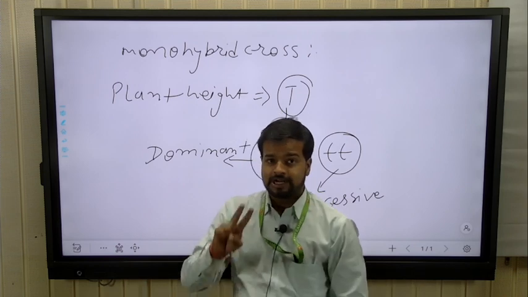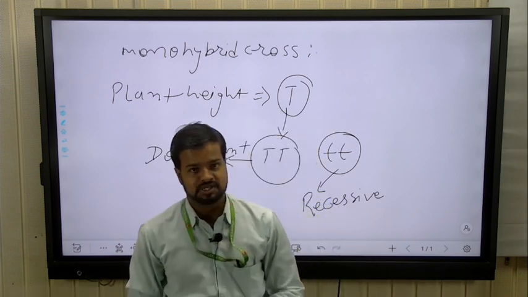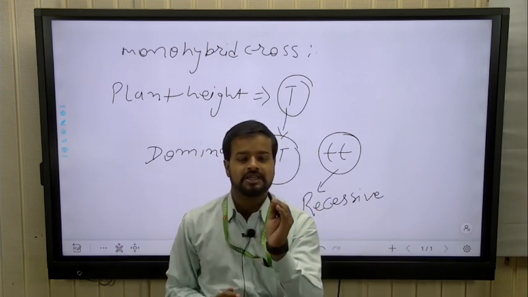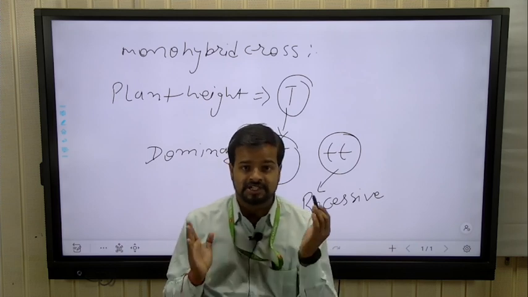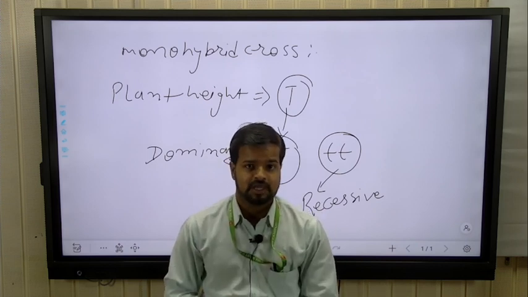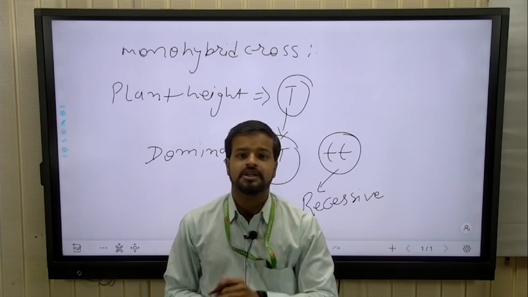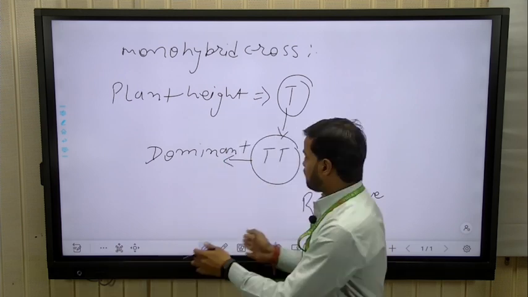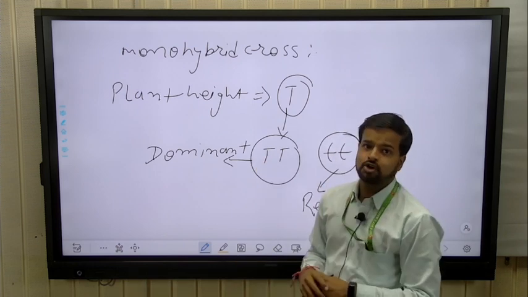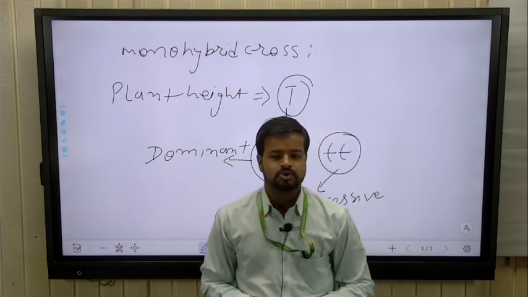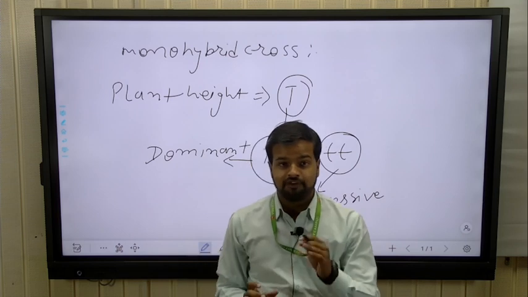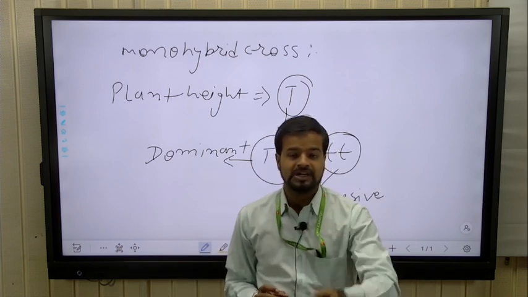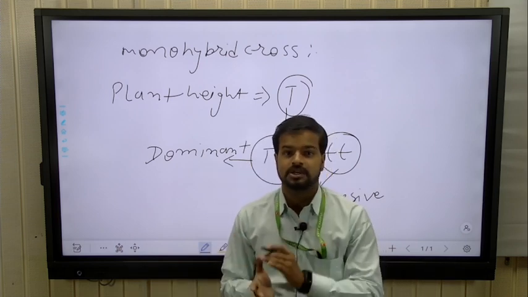That means there are two different genetic compositions. The first one is capital T, which is the dominant characteristic, and small t, which is the recessive characteristic. In monohybrid cross, we are talking about the inheritance of these genotypic compositions. Students, this is a very interesting and very important topic for competitive exams.